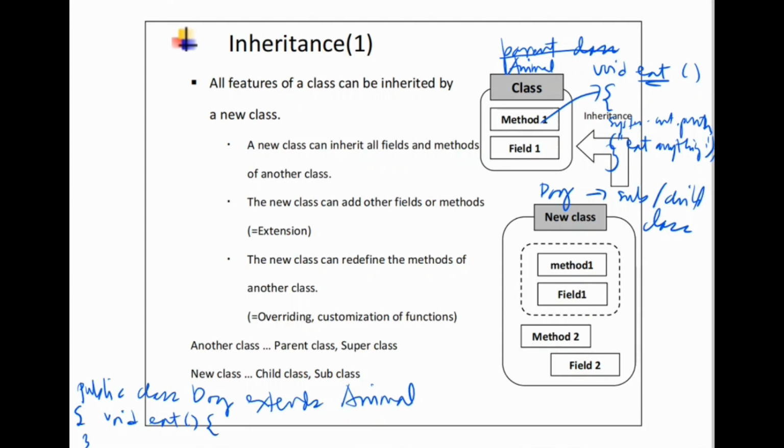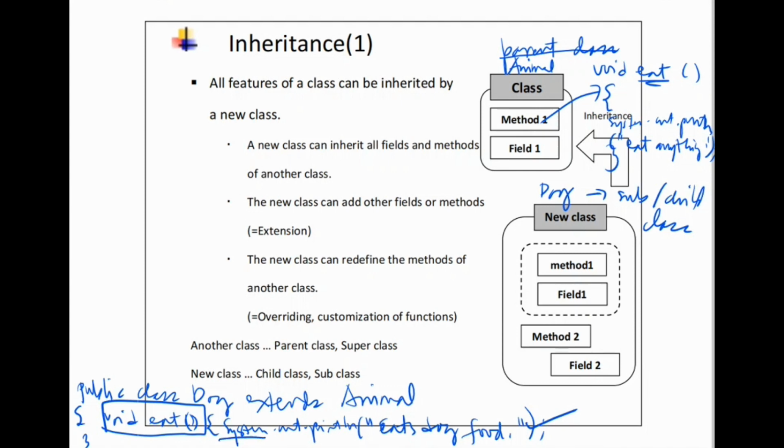and the implementation of method eat is System.out.println("it's dog food"). So the implementation of this method void eat without arguments is "it's dog food."